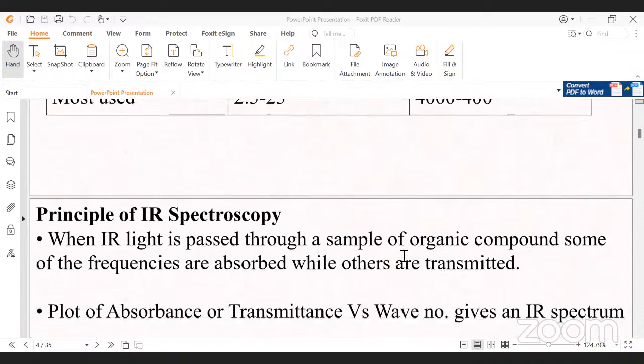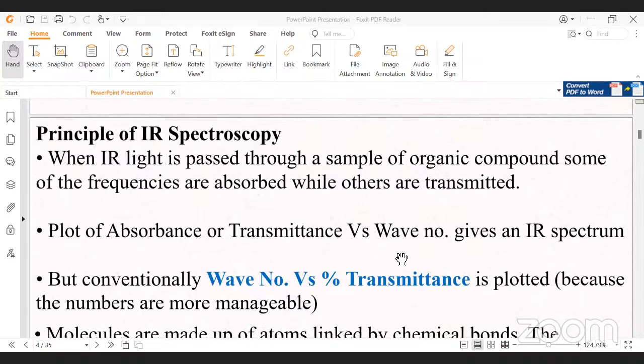What is the basic principle of IR spectroscopy? When IR light is passed through a sample of an organic compound, some of the frequencies are absorbed while others are transmitted. The plot of absorbance or transmittance versus wave number gives an IR spectrum.